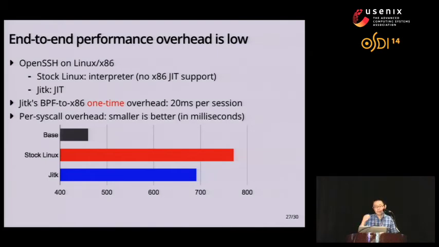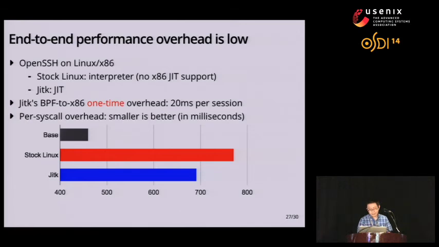It's 20 seconds per connection per session, so that doesn't happen later. The most important overhead here is the per syscall overhead. That's the most critical number, and you can see here this time is measured in milliseconds. The baseline is the Seccomp subsystem being disabled. And you can see our performance is pretty good.